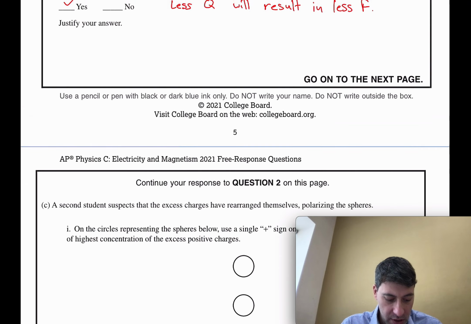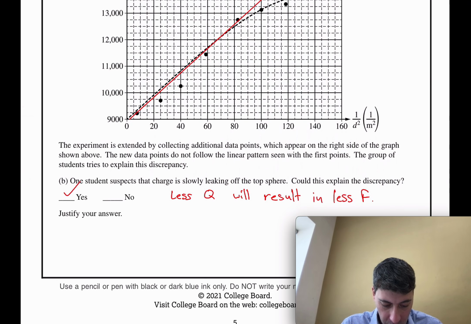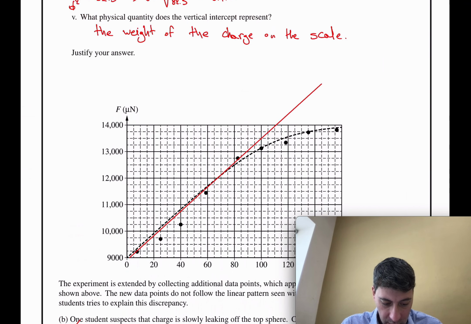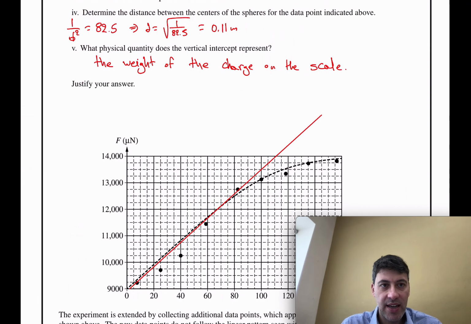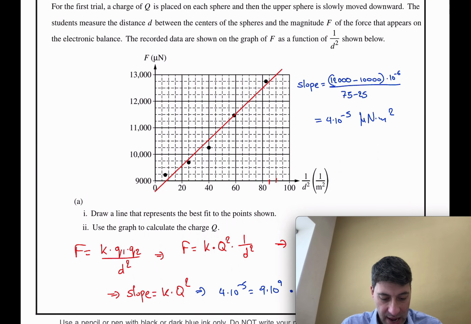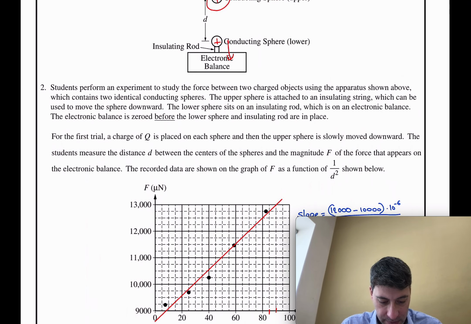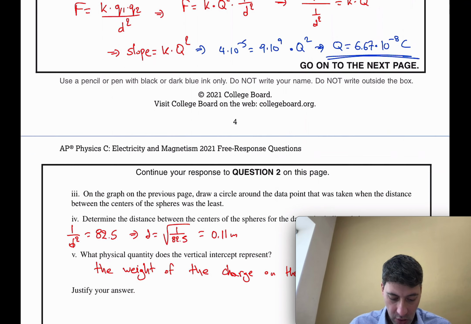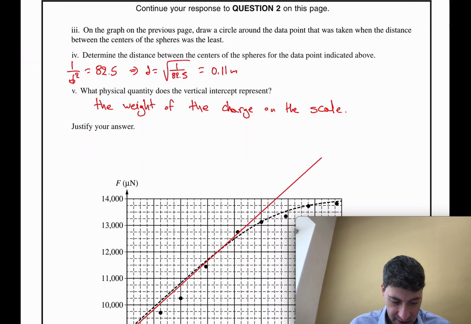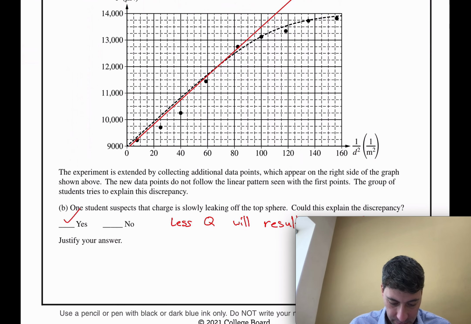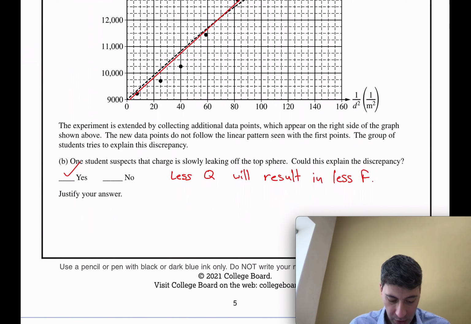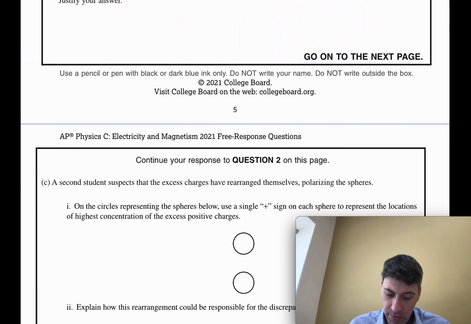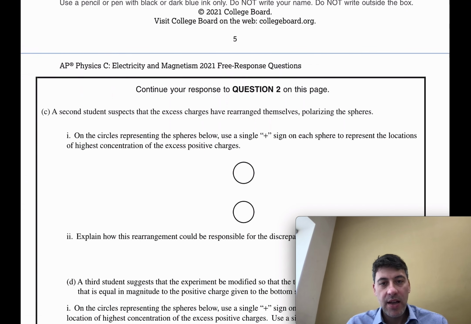Now, we are talking about conducting spheres, if I'm not mistaken. Conducting spheres, okay. And we're still talking about conducting spheres.